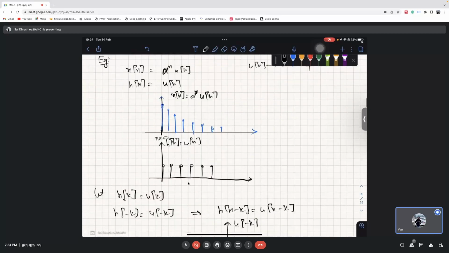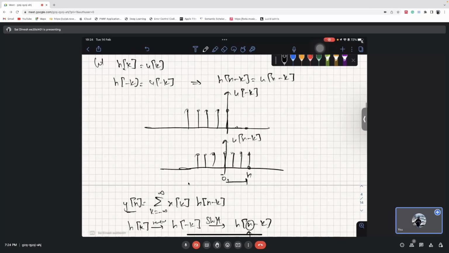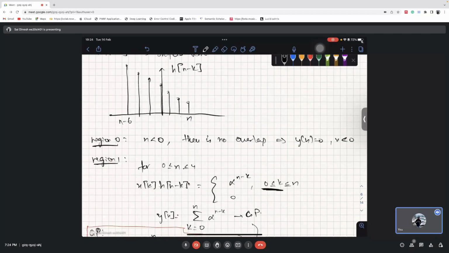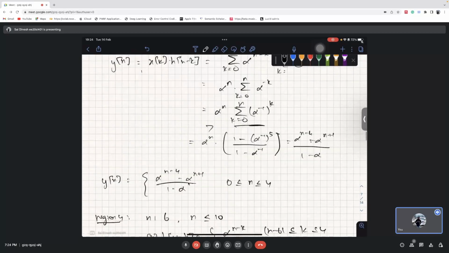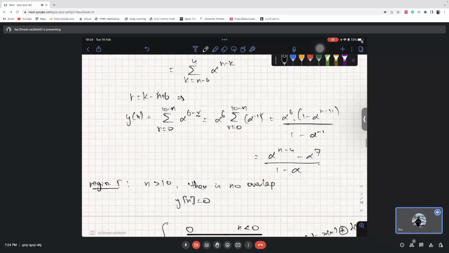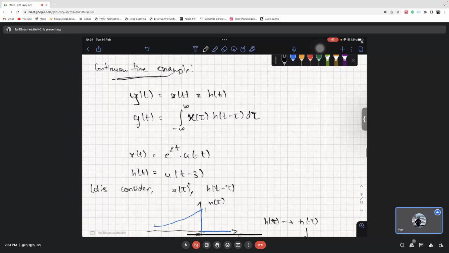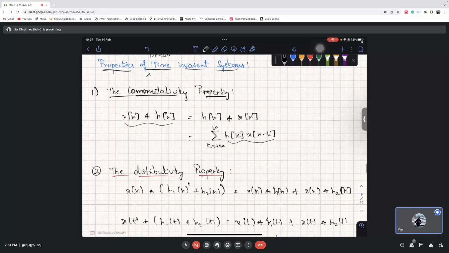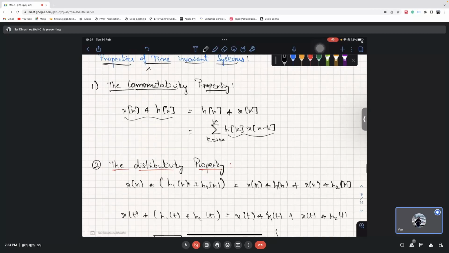We talked about one example where x of n and h of n are given, and then we talked about how we do the convolution for two different types of examples, one for infinite duration and one for finite duration, right? And then next we talked about the properties of the time invariant systems. One is the commutativity property, where x of n convolved with h of n is equal to h of n convolved with x of n.